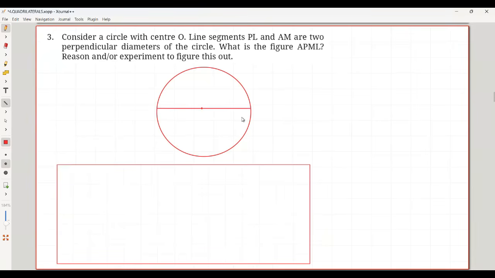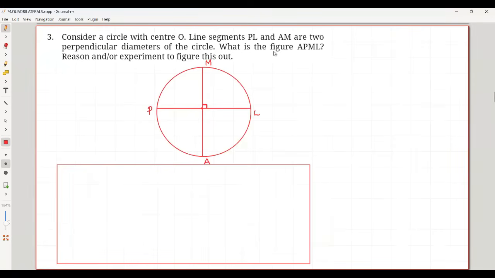This is one diameter, and this is another diameter, which I name PL. PL and AM are two perpendicular diameters of the circle. Perpendicular means it will form 90 degrees.